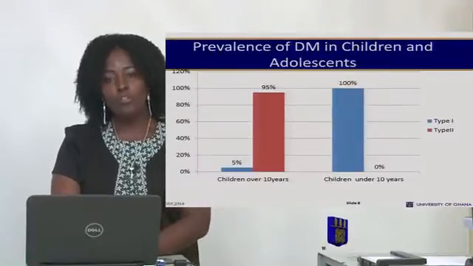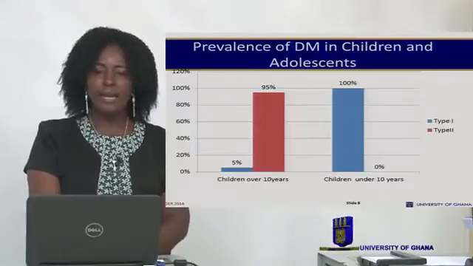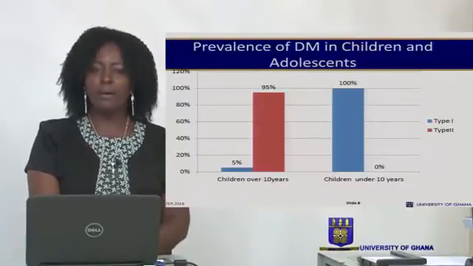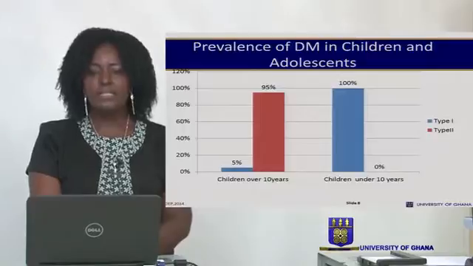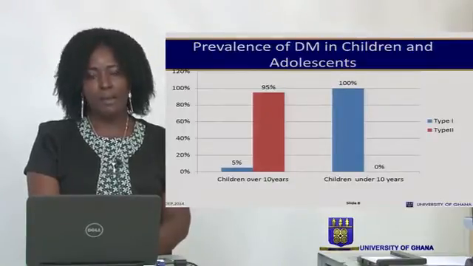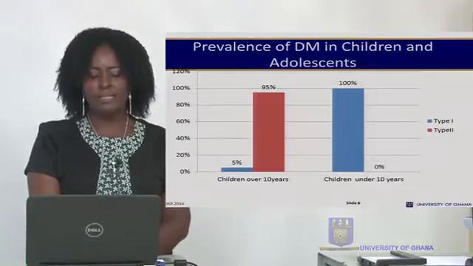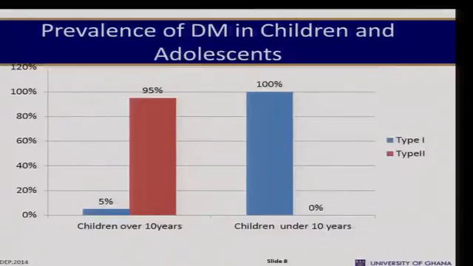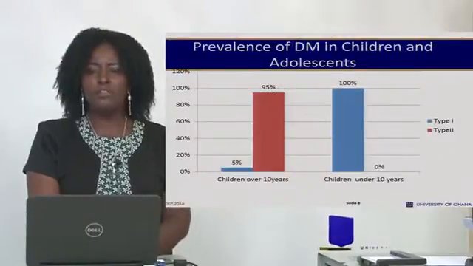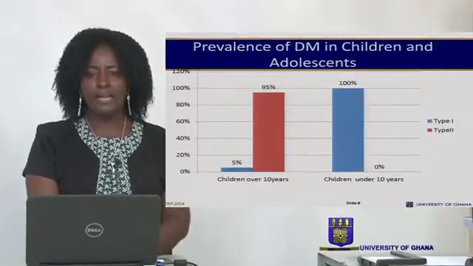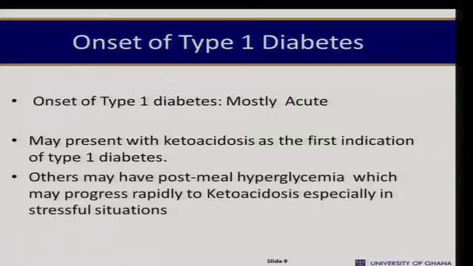That is an autoimmune condition that destroys the islets of Langerhans of the pancreas, the cells that secrete insulin. However, for children over 10 years, you see from the key of our graph here that 95% are type 2, which is mostly related to lifestyle: nutrition, sedentary lifestyle, and obesity. Now we'll look at type 1 diabetes.